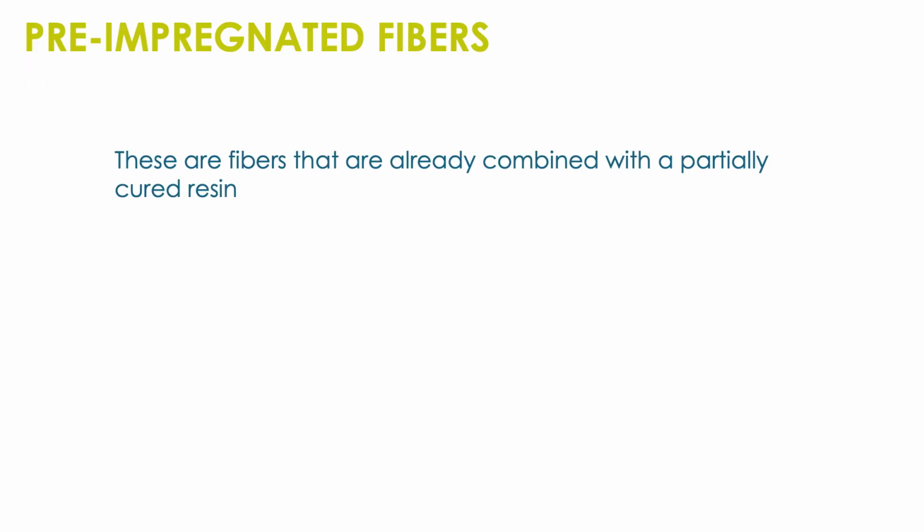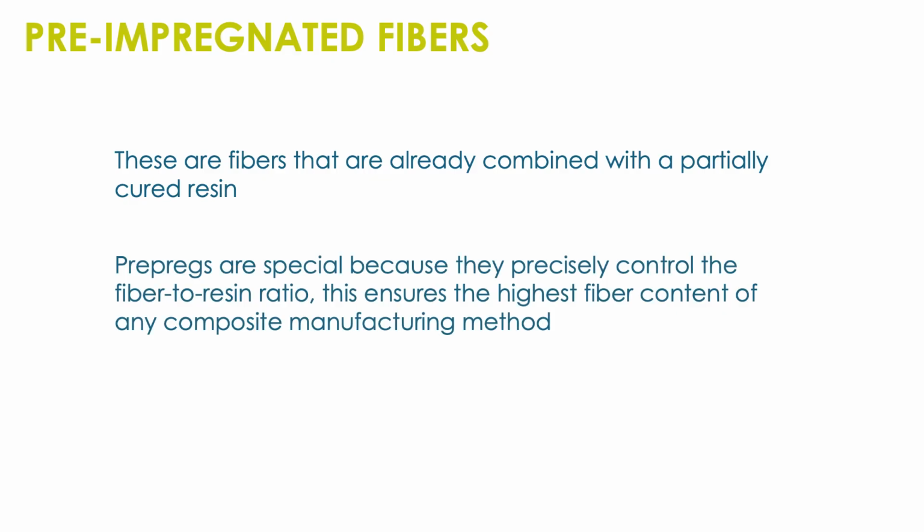Their approach relies on prepregs, short for pre-impregnated fibers. These fibers are carbon, glass, or aramid that are already combined with a partially cured resin. Prepregs are special because they precisely control the fiber-to-resin ratio. This ensures the highest fiber content of any composite manufacturing method.